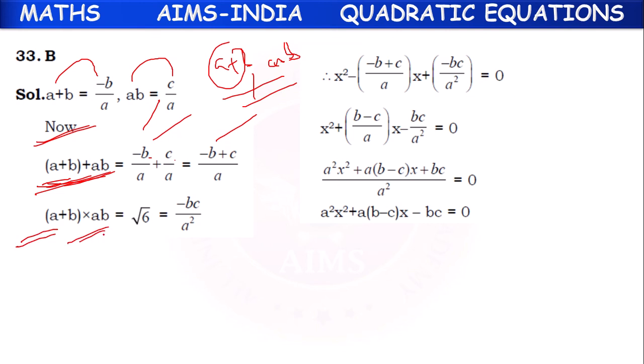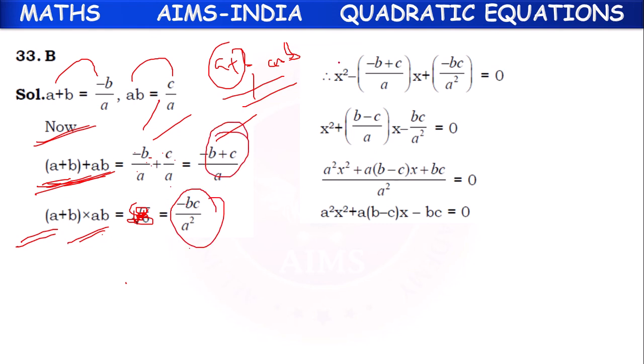And next, let's do their product. Minus b by a into c by a equal to minus bc by a square. This is the product, this is the sum.